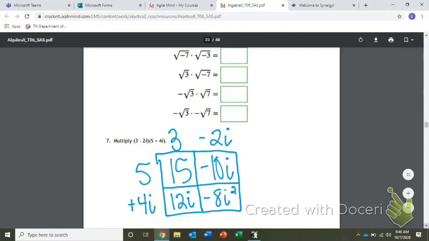Okay, so now what do we do with everything on the inside? We combine them. Okay, so I want you to just write them all out. So we have 15 minus 10i plus 12i minus 8i squared.